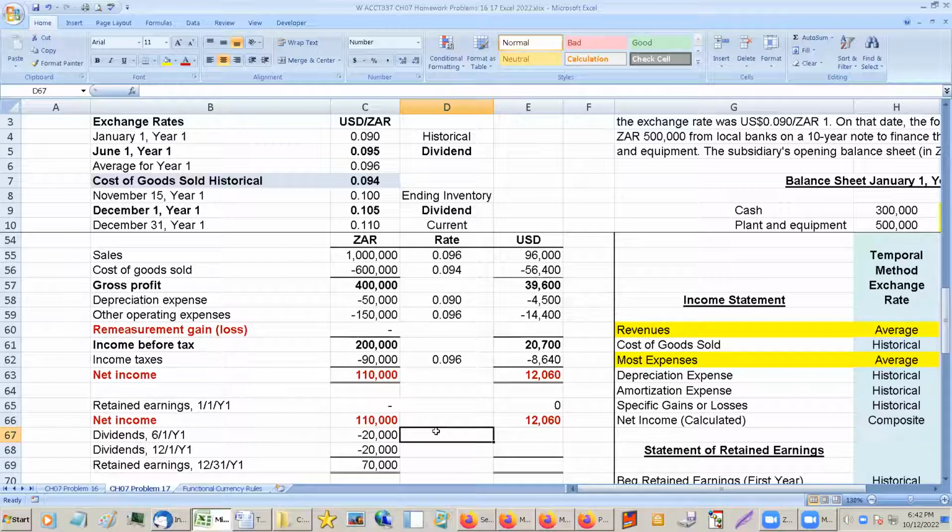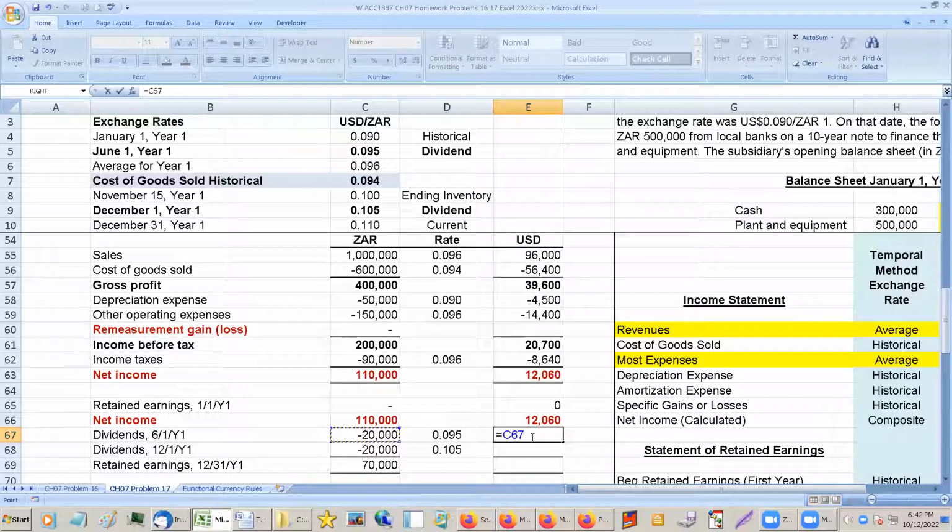Dividends, this will be the same as before, so 0.095, and 0.105. See, I'm consistent with my mistakes. That's the great thing. Okay, so this would be, multiply those out.